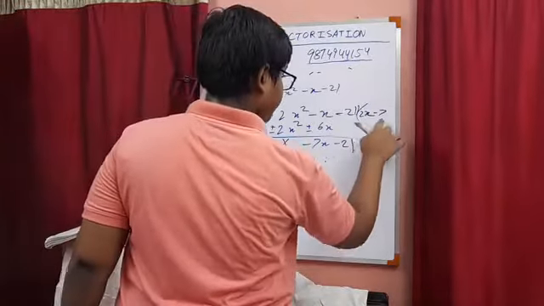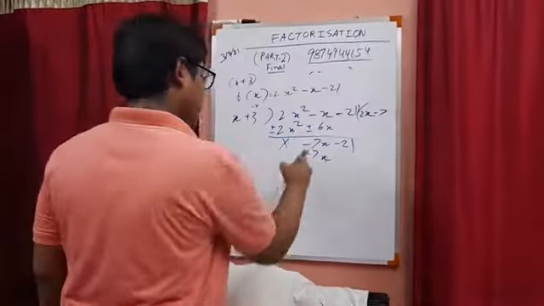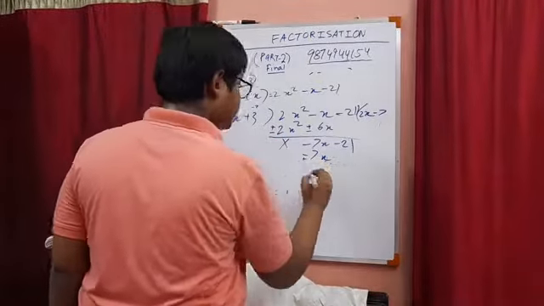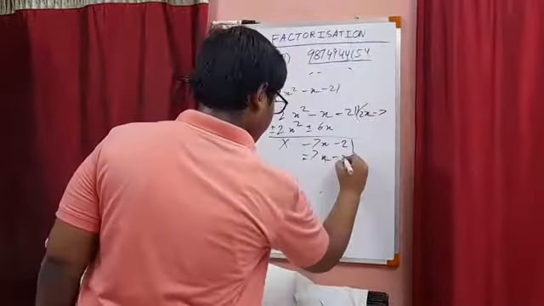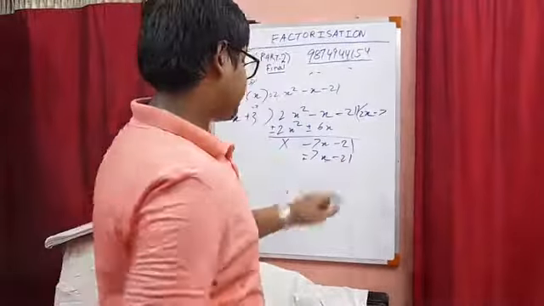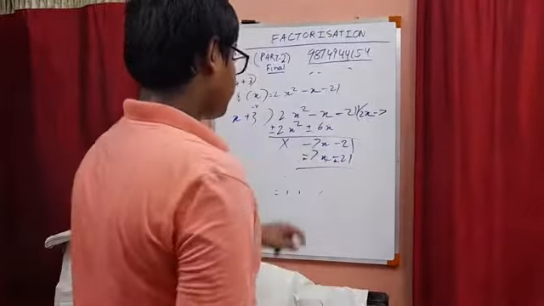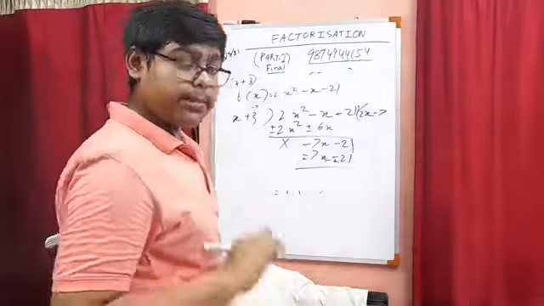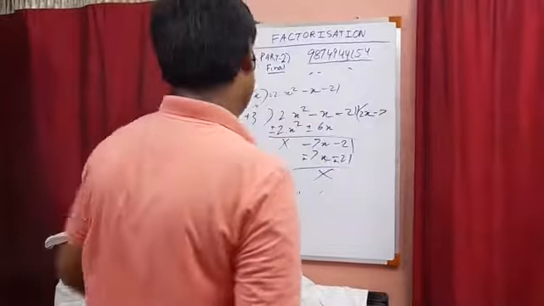Therefore minus 7 taken here. x into minus 7 is minus 7x. Rule of division to change the sign, therefore plus. And 3 into minus 7 is minus 21. Rule of division to change the sign, therefore plus. Now plus 7x plus 21 minus 7x minus 21 completely cancelled. Thus this is another factor, 2x minus 7.